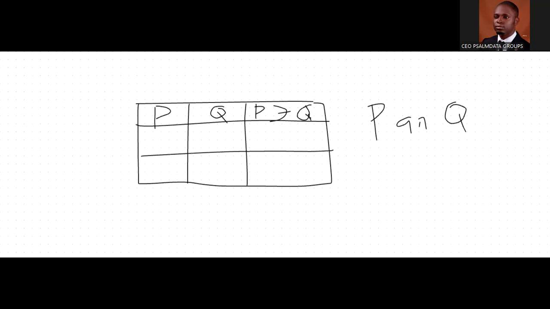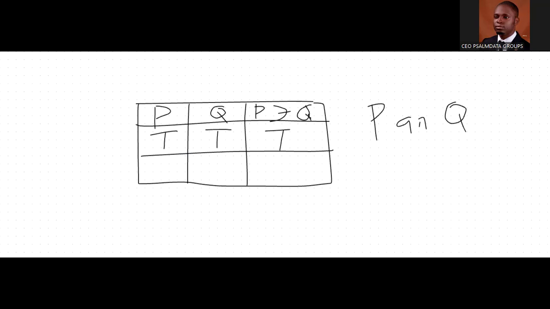When a statement is given under P, and that statement is true, and the statement under Q too is true, the combination of both of them will be true. Just like that: she is tall and beautiful and she is intelligent. When we combine the two, what you get is true because both statements are correct.